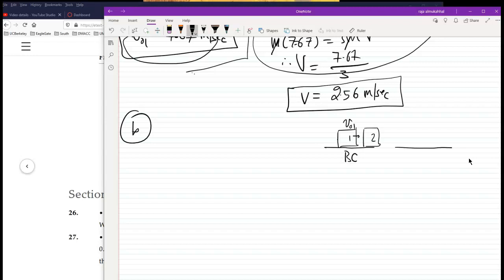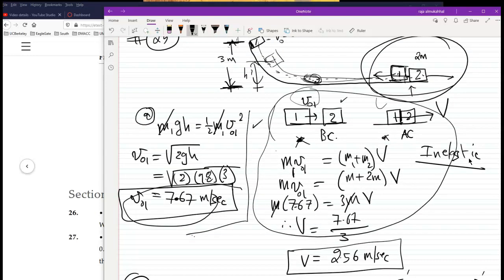And then here what happened is a different story. I have block 2 moving with this velocity, and block 1 is moving in the opposite direction like that. This is V1 prime, and this is V2 prime. You got that? That's the difficulty. So that's AC. You understand that?